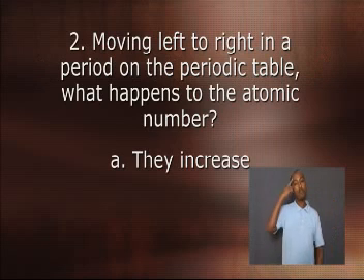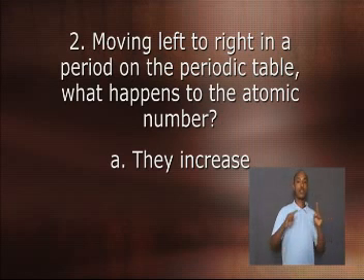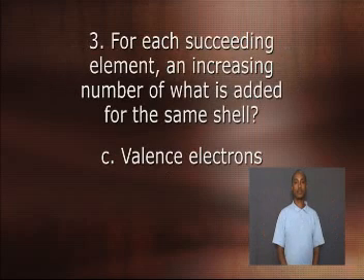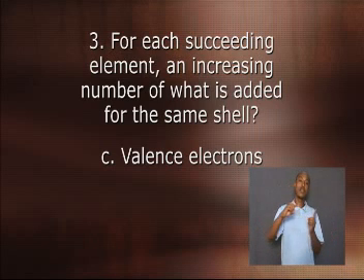For the second question, the atomic numbers increase as we move from the left to right in a period on the periodic table. For the final question, for each succeeding element on the periodic table, an increasing number of valence electrons are added to the same shell.